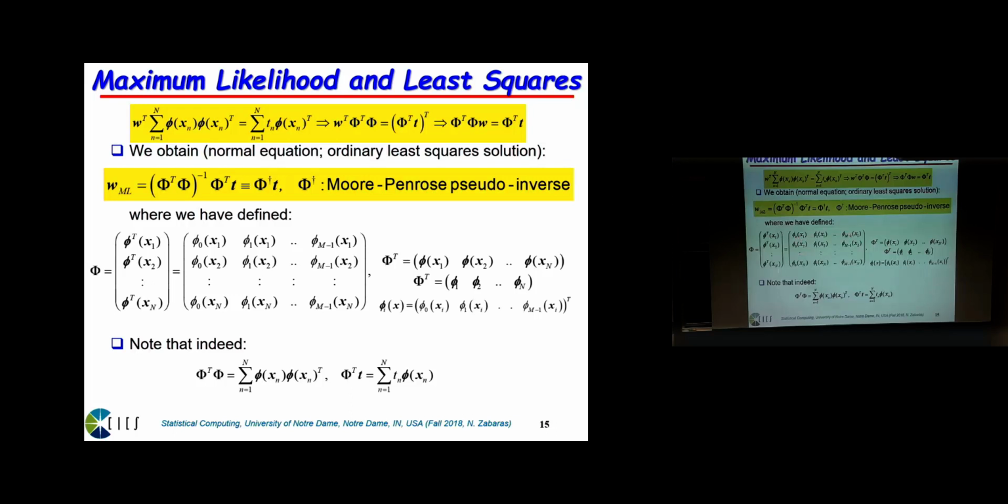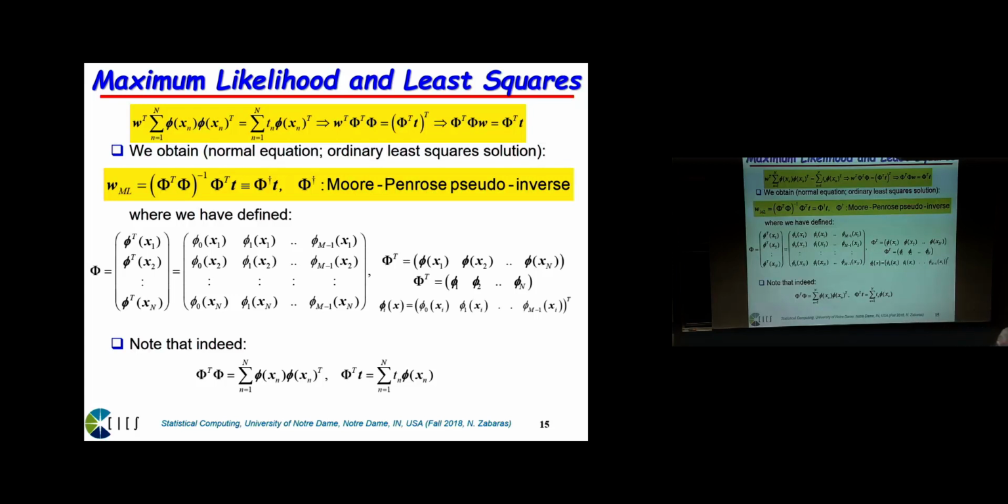The dimensionality here is n data points by m basis functions, so it's n times m. These matrices are not square, and that's why you have phi transpose phi, which is invertible, and this is called the Moore-Penrose pseudo-inverse. This is your standard least squares problem.